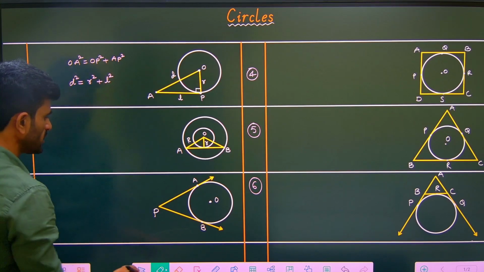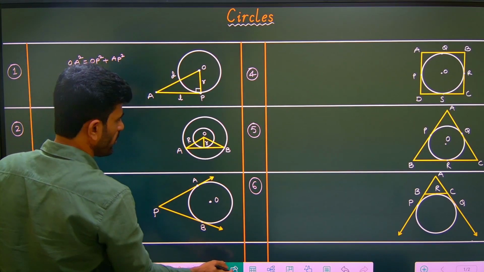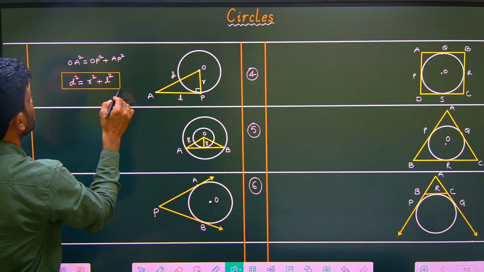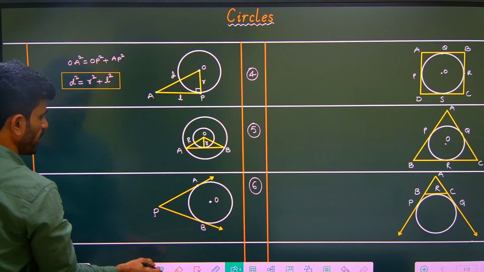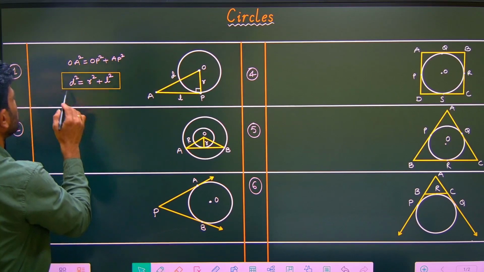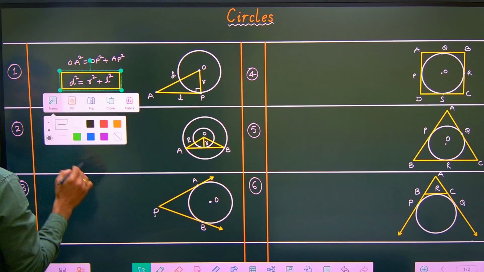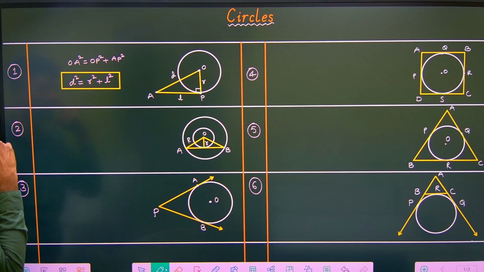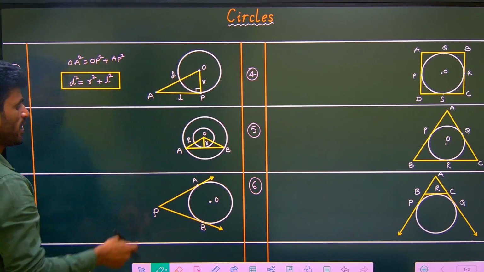You can use this formula now onwards whenever you want to solve a problem related to these three. Very important for objective and sometimes for subjective also. Hope you understood how this formula has come. Use this formula to find out any one of these three. Two will be given, you have to find out the third.